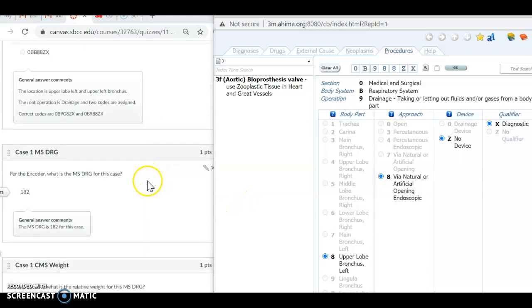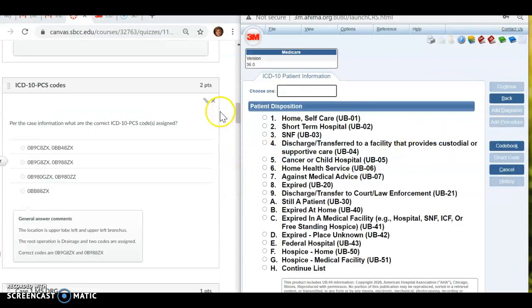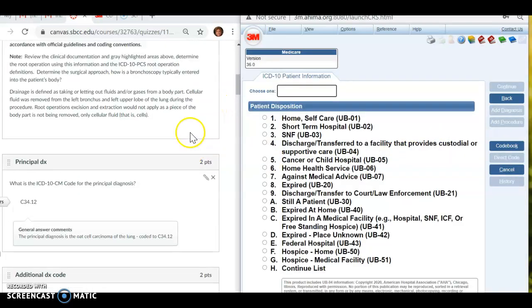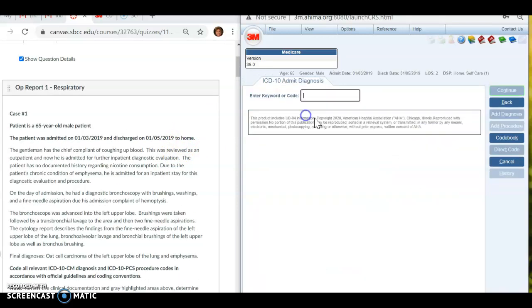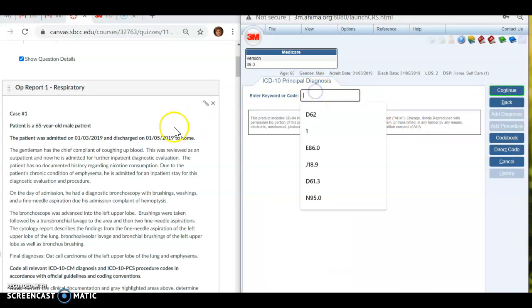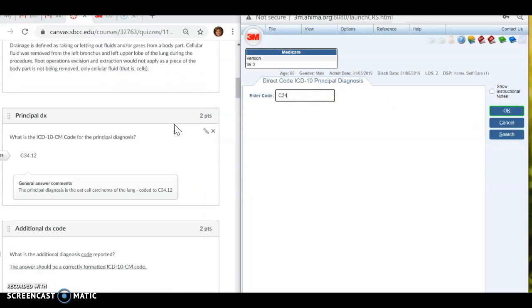All right, so with that, now let's get this all put into the encoder. I'm going to continue. It does state that this patient went home. So we're going to hit home. I am going to bypass the admit. Principal diagnosis is going to be C34.12.